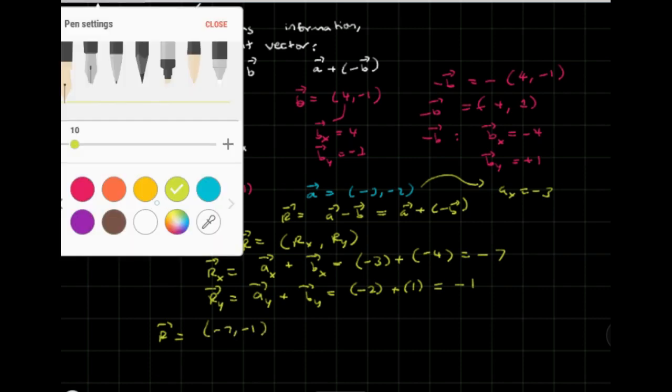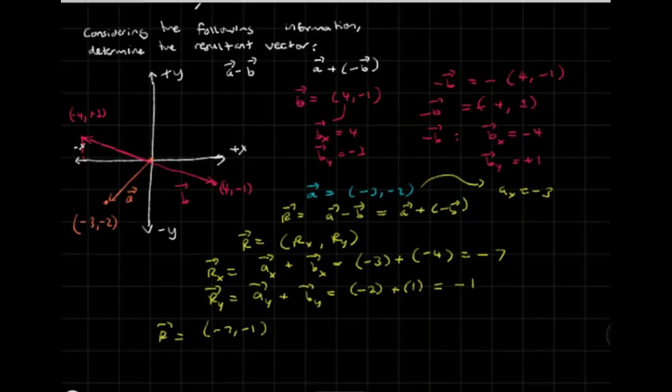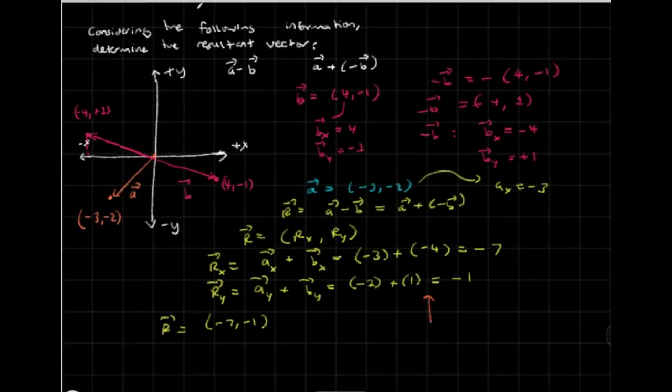Looking at its location, it is at negative 7 and negative 1, so it should be here. This is our new resultant vector. This is negative 1, this is negative 7, and in this case you want to solve for the magnitude of the resultant.